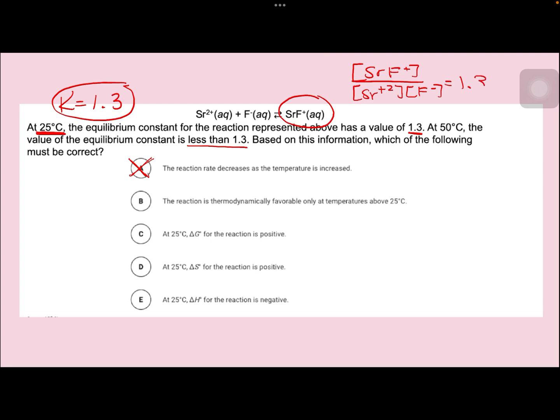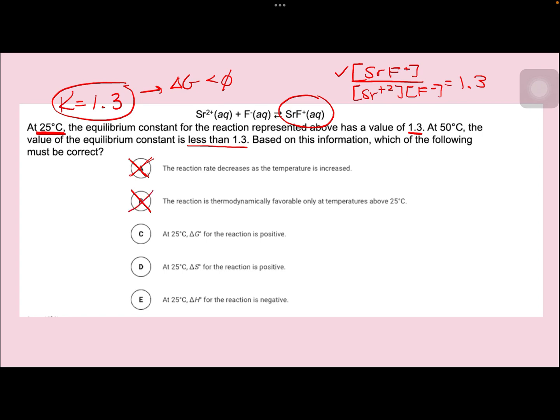So if this is equal to 1.3, then we know we have product being made. So we know this process is thermodynamically favorable at 25 degrees Celsius. We can also infer that delta G is less than 0 if it is thermodynamically favorable. That eliminates choice B.